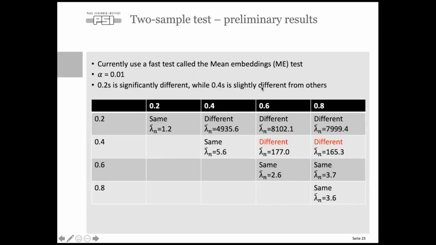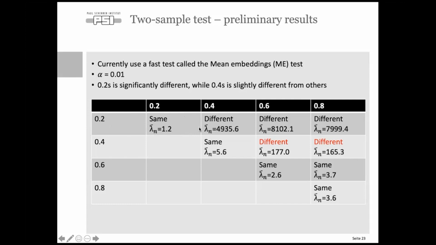And here are some preliminary results of the two-sample test between different times before interlock. We take our alpha to be 0.01. Here is the test of two groups of data from 0.2 versus 0.2, which has to be the same, and it is also the same according to our test statistic lambda n, which has the value of 1.2.